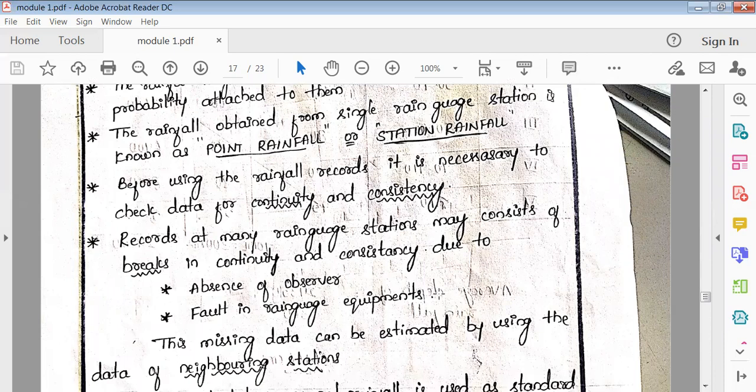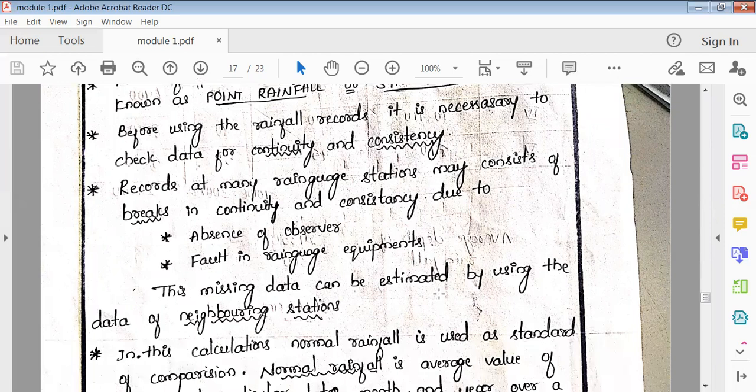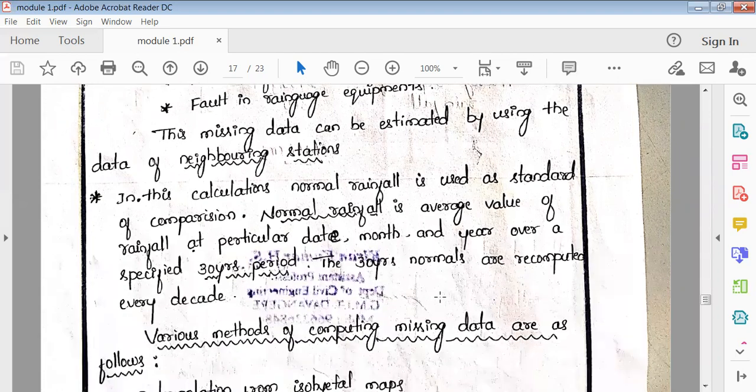Sometimes the records may have breaks, due to discontinuity and inconsistency, which could be due to the absence of the observer or a fault in the rain gauge equipment. At such times, the data can be collected and estimated from the neighboring stations.